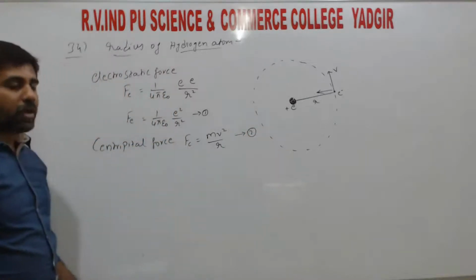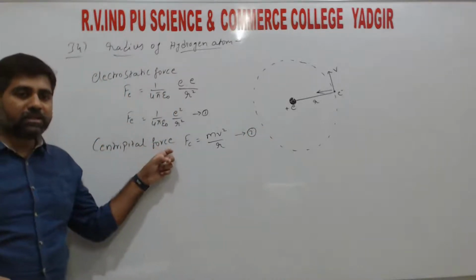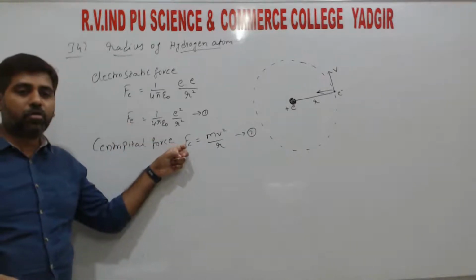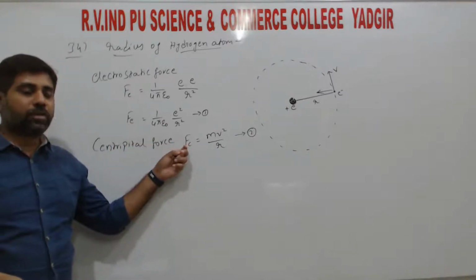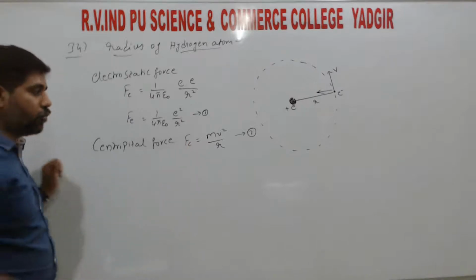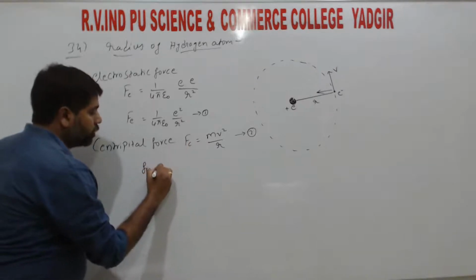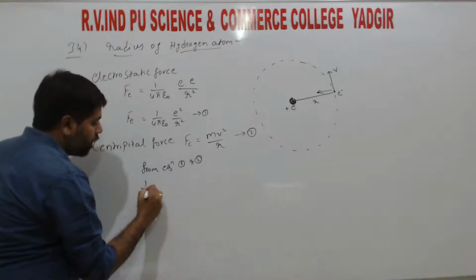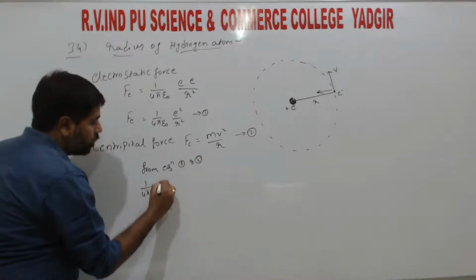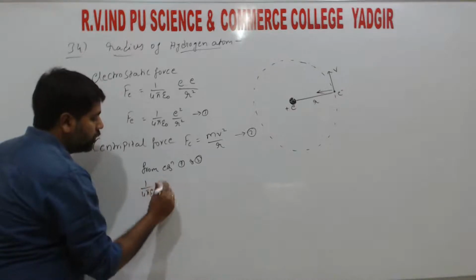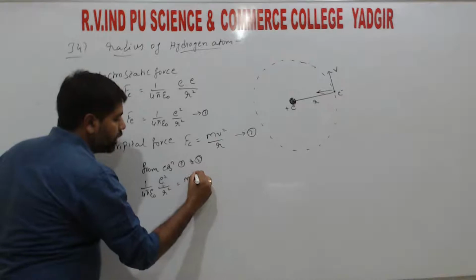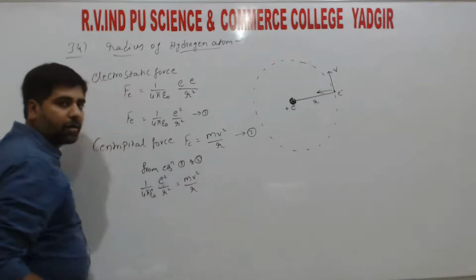So from equations 1 and 2, the electrostatic force is responsible for the electron to move in the circular orbit, so that causes the centripetal force, right? So from equations 1 and 2 we can write 1 by 4 pi epsilon naught e square divided by r square is equal to mv square divided by r, right?